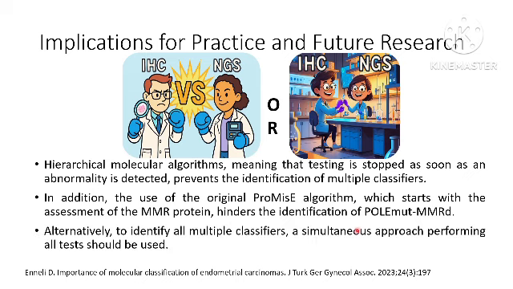So alternatively, one has to follow a simultaneous approach, performing all the tests to identify this small cohort of patients carrying multi molecular classes, that is presence of more than one molecular subgroup.